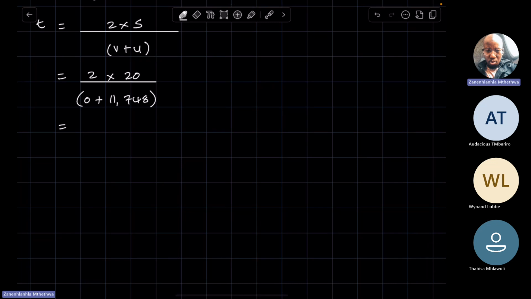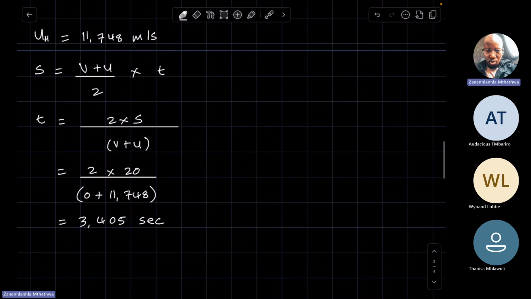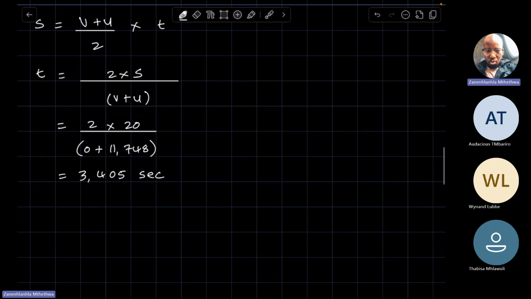So the numerator is 2 times 20, the denominator is 0 plus 11.748. So I'm getting here 3.405 seconds. Getting the same thing? Yes, sir. Right.